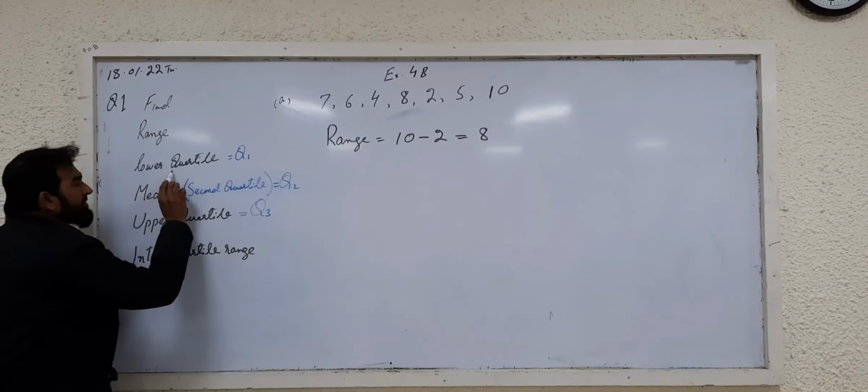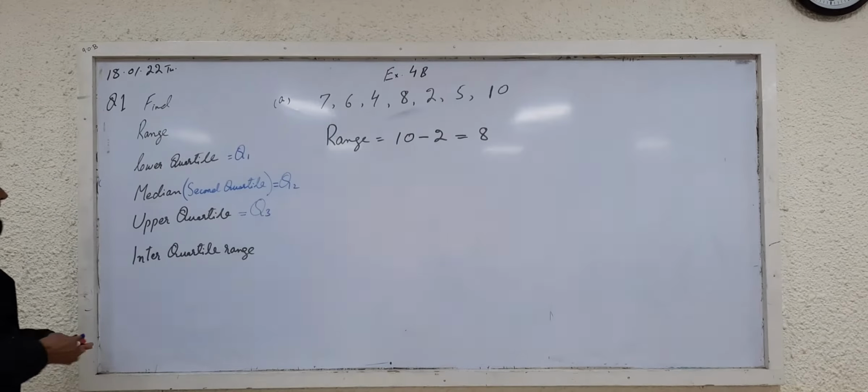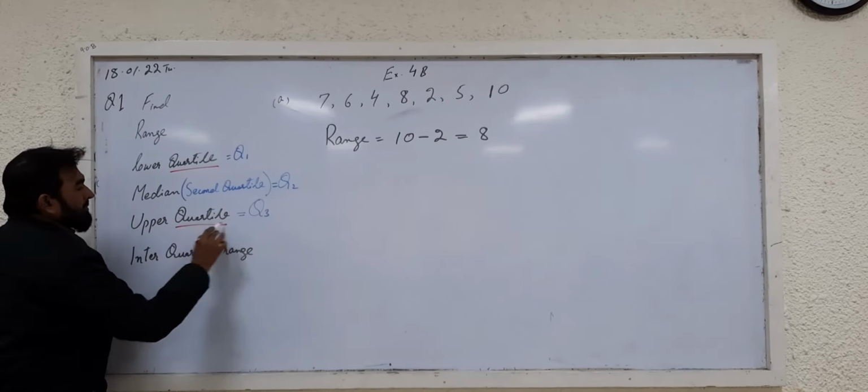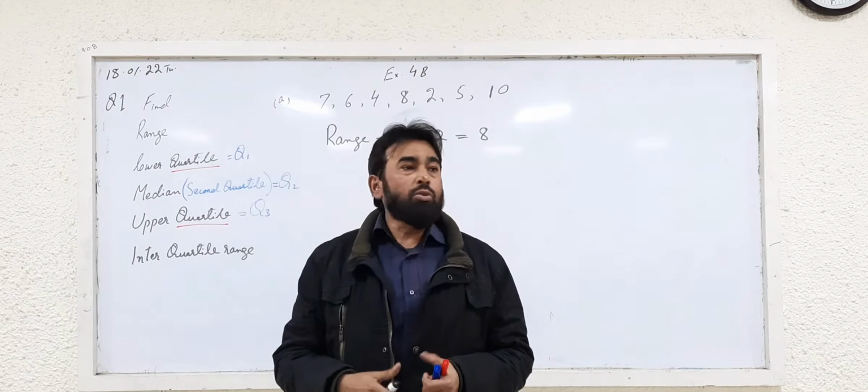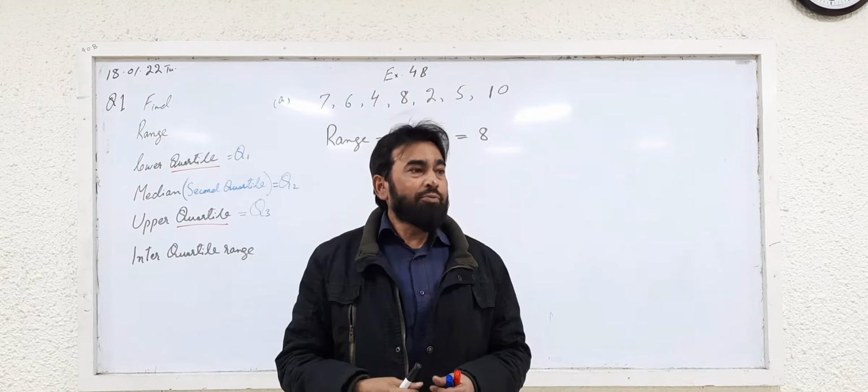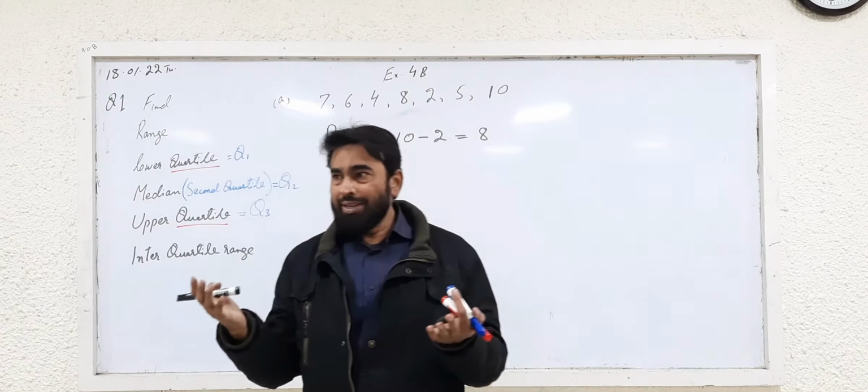Next is quartile. What is quartile? First of all, let us discuss what you mean by quartile. Actually, the quarter means 1/4 of anything.